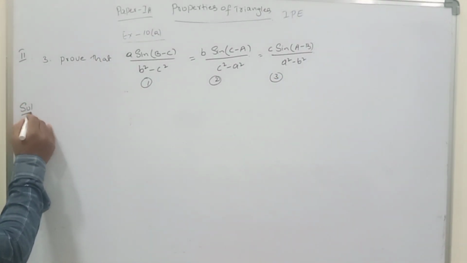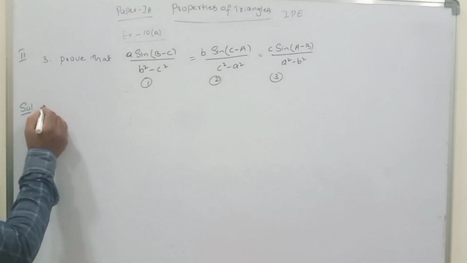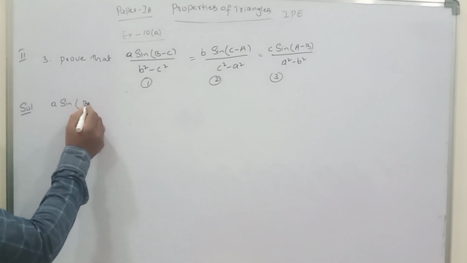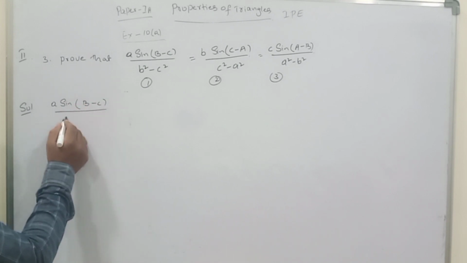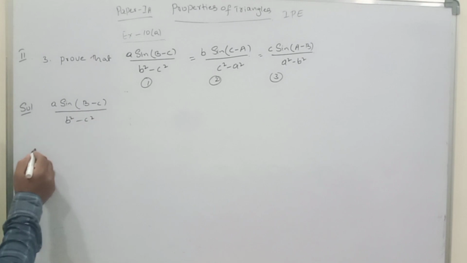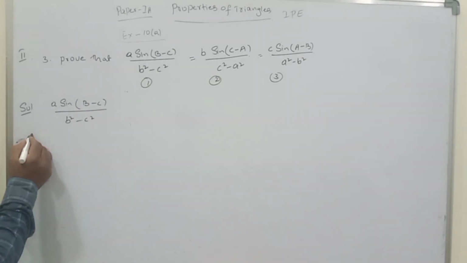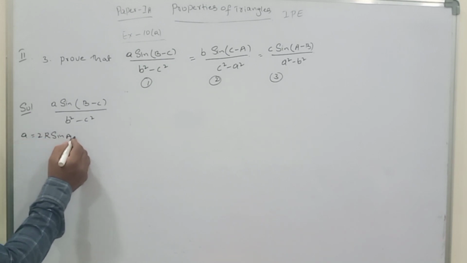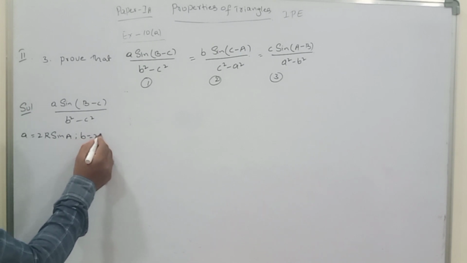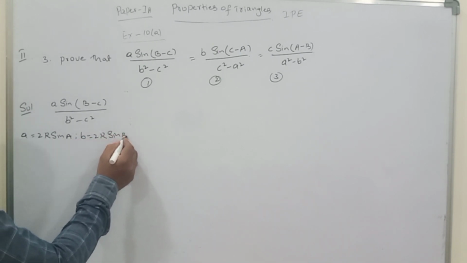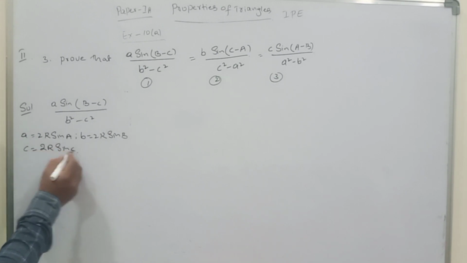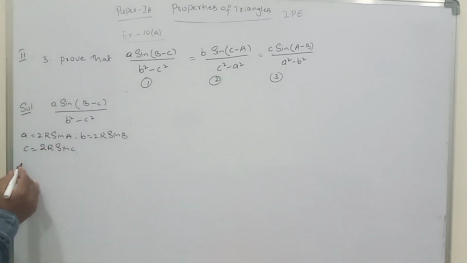So here first one given: a into sine of (b minus c) by b square minus c square. So what is the sine rule? Sine rule: a is equal to 2r sine A, b is equal to 2r sine B, and c is equal to 2r sine C. So you have to substitute in this.